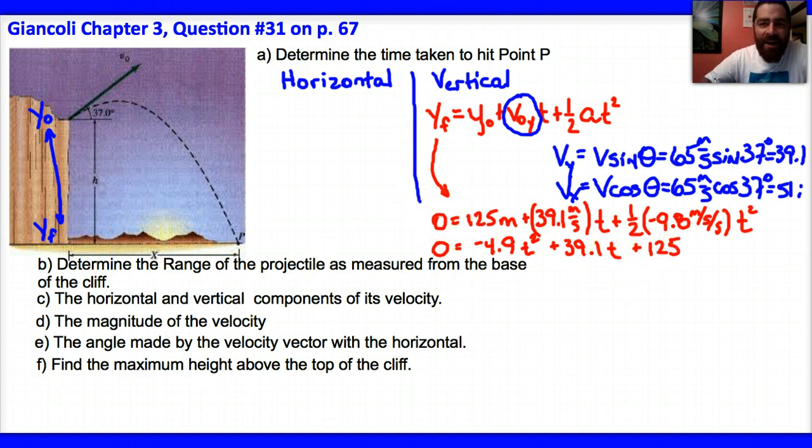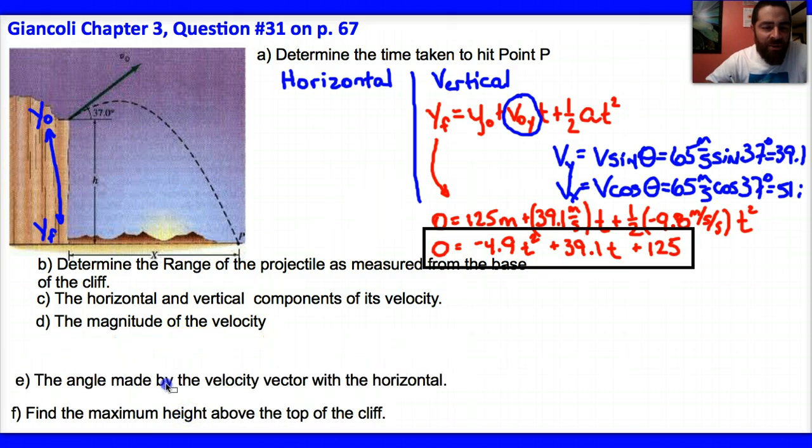Now take a look at what I'm going to box in here. What you're looking at should look familiar to you. If you attempt to solve that for t, you're going to run into some problems.